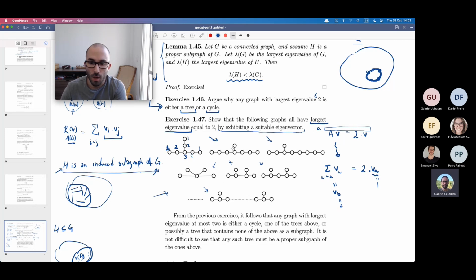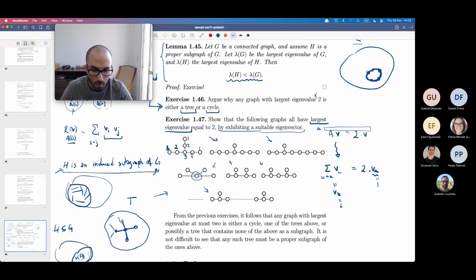Not containing any of these trees as a proper subgraph already tells you that a tree with largest eigenvalue at most 2 cannot contain a vertex of degree 4, for example, because if this very big tree contained a vertex of degree 4 somewhere, then this whole tree here would be a subgraph of this one.